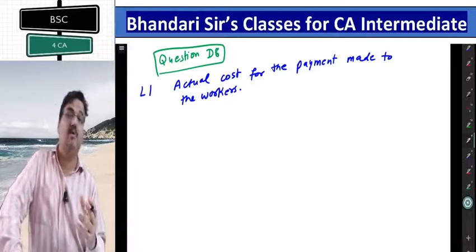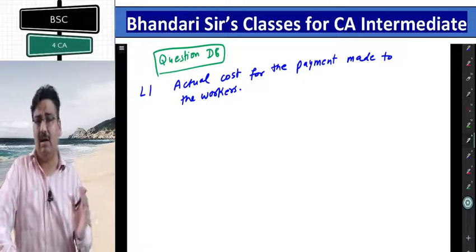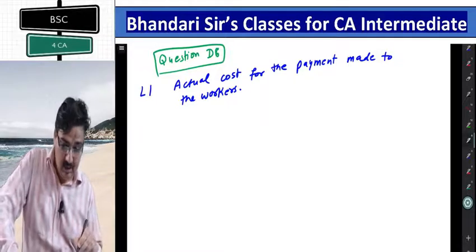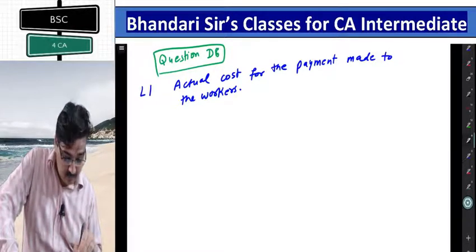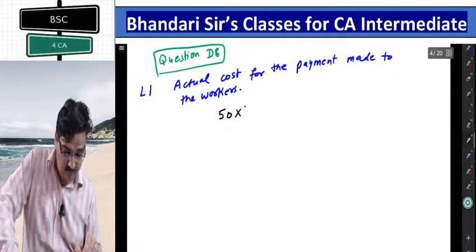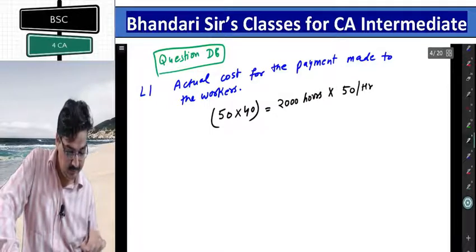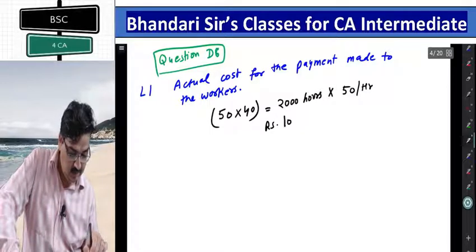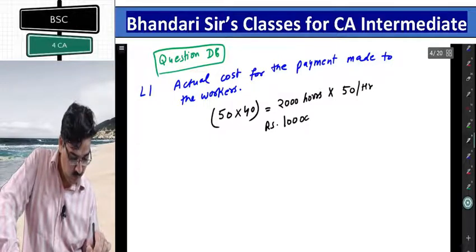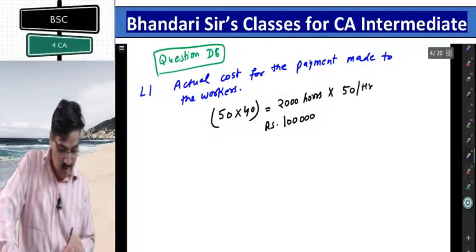A single category of labor makes it easy, and mixed variance will not arise. So 50 workers, 40 hours per worker, means total 2000 hours paid at the rate of 50 per hour. This makes 1 lakh rupees.